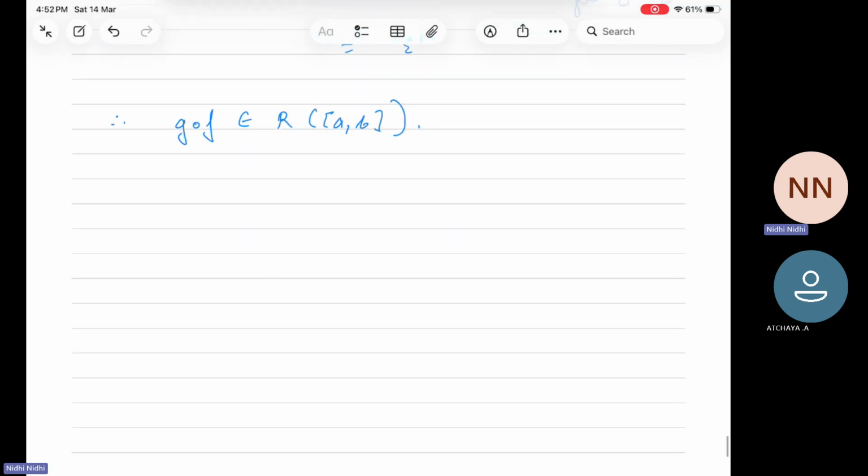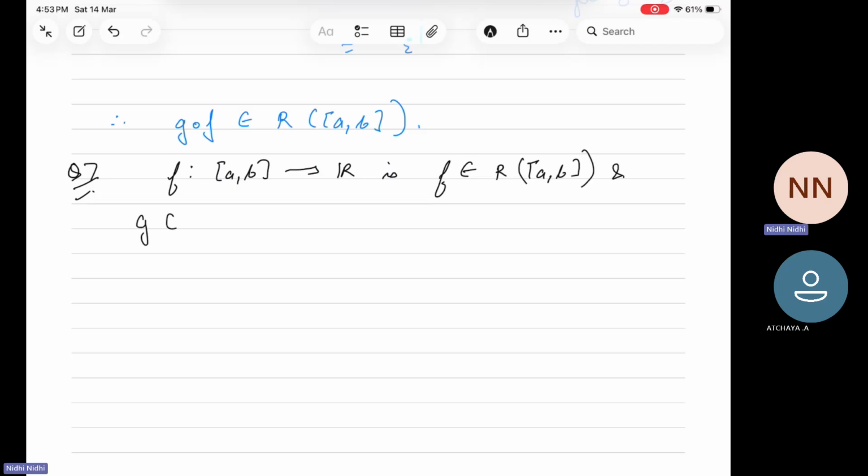Last question, question number 7. We need to again state whether true or false. If we are given that a function f from a, b to R is Riemann integrable, I'll write in short, and we define g(x) to be equal to f(x) whenever f(x) is non-zero, and 0 whenever f(x) is equal to 0.